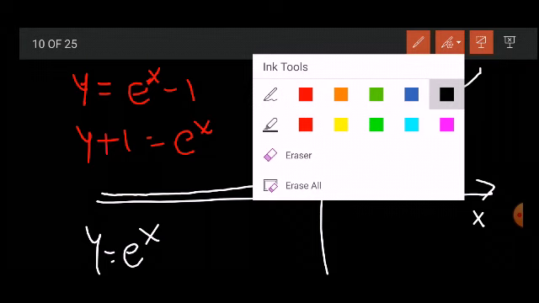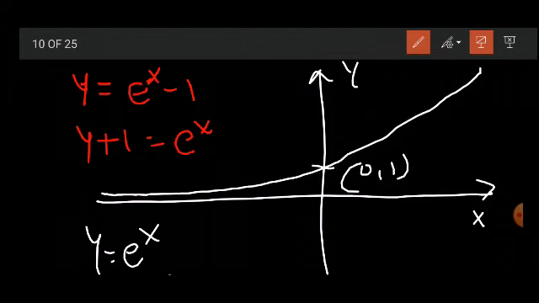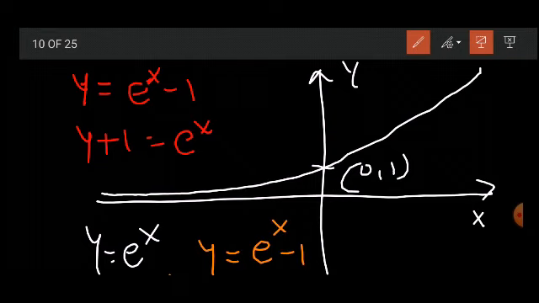Now we are interested to find how y equal to e power x minus 1 comes. The curve should go downwards, or better, you can shift the x-axis above 1 unit. So I am trying to shift the x-axis above 1 unit, so the curve automatically comes downward.